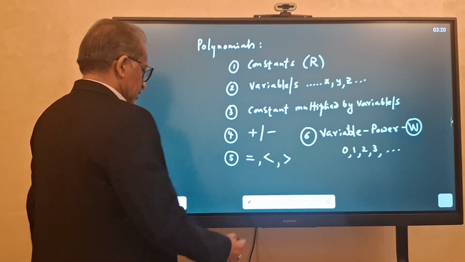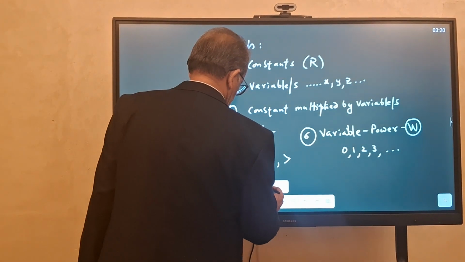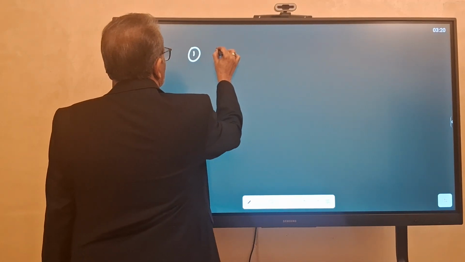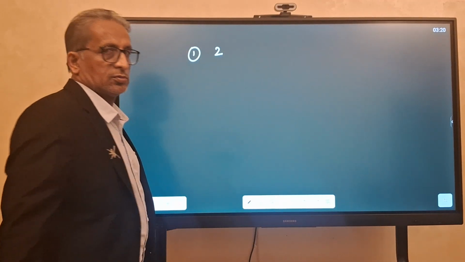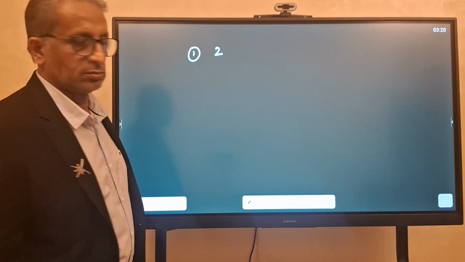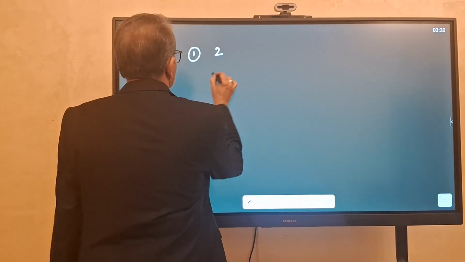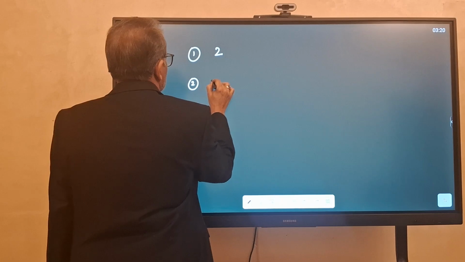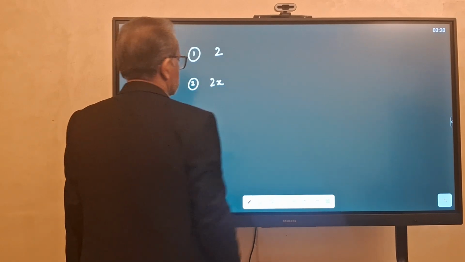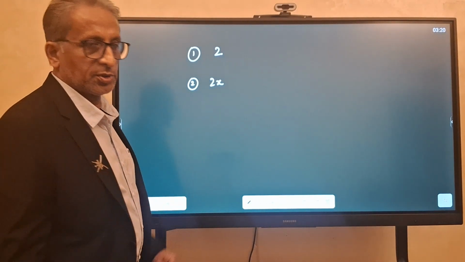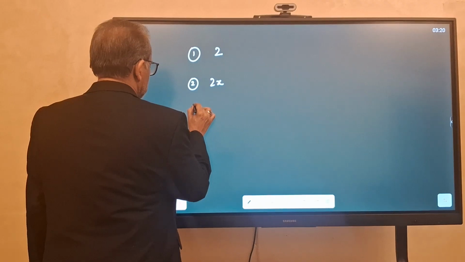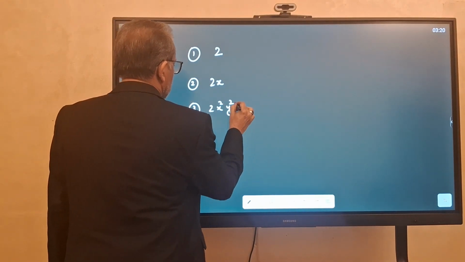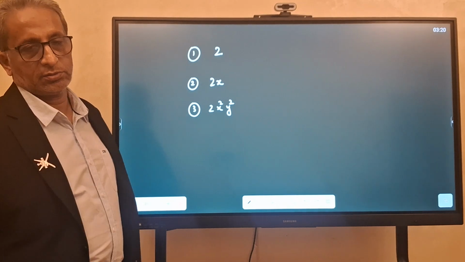Let me give you an example. First, 2 is a polynomial. Second, 2x is a polynomial. 2x squared y squared is a polynomial.